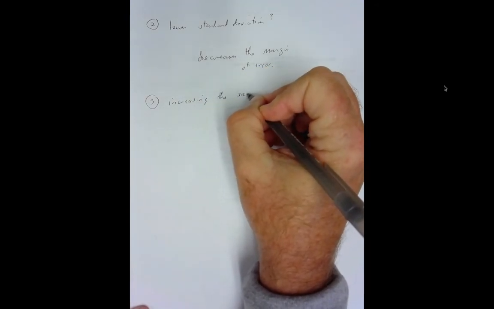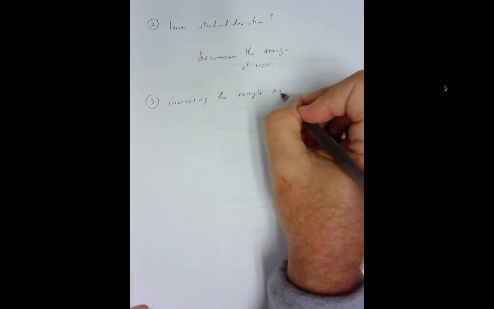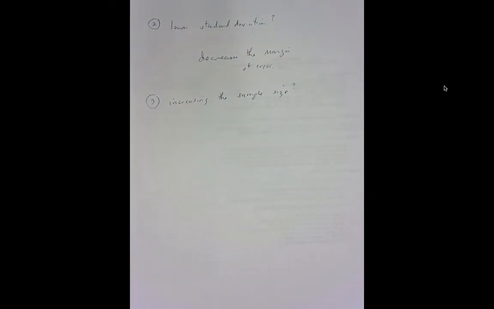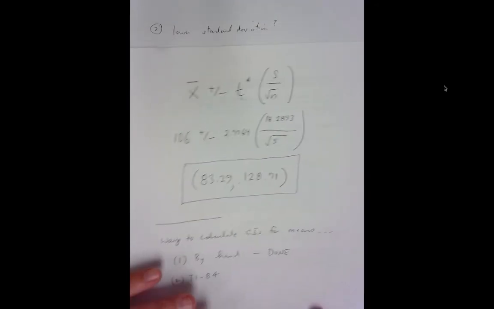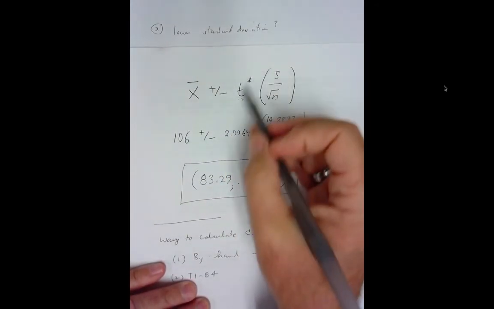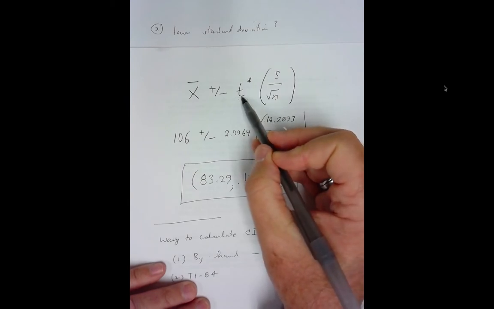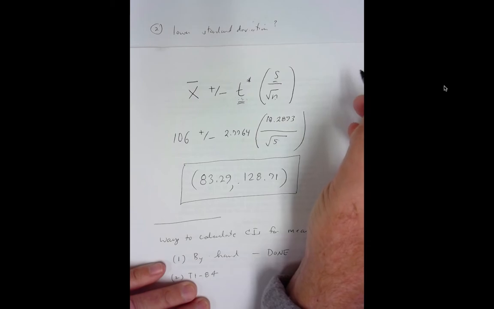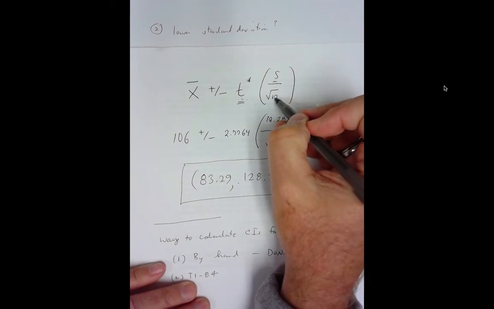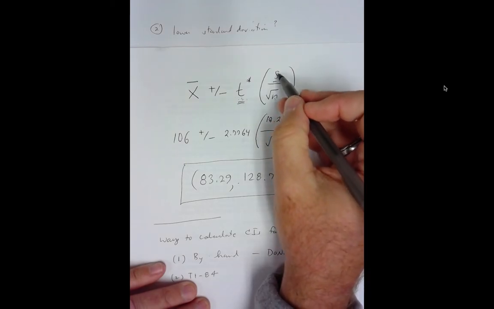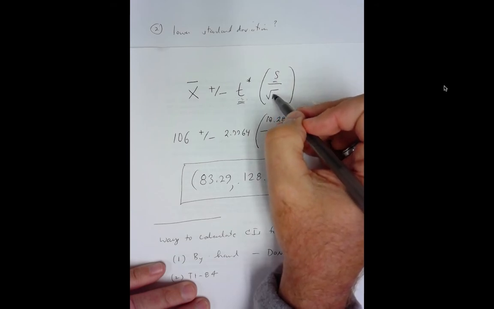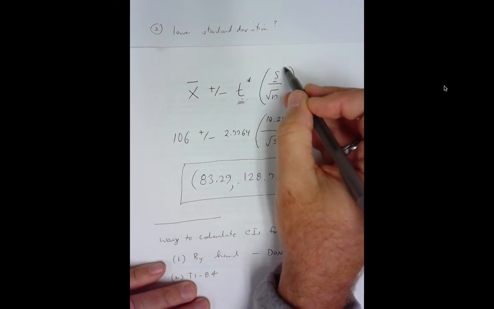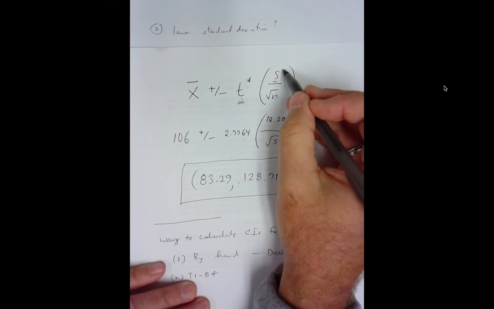Now, what about increasing the sample size? What's that going to do to our intervals? Is it going to make it wider or narrower? Again, let's just focus on this right side like we've been doing before. Keep that constant. Standard deviation, keep it constant. Don't change it. What happens when we make this bigger? Well, when you increase the denominator in a fraction, the fraction gets smaller.